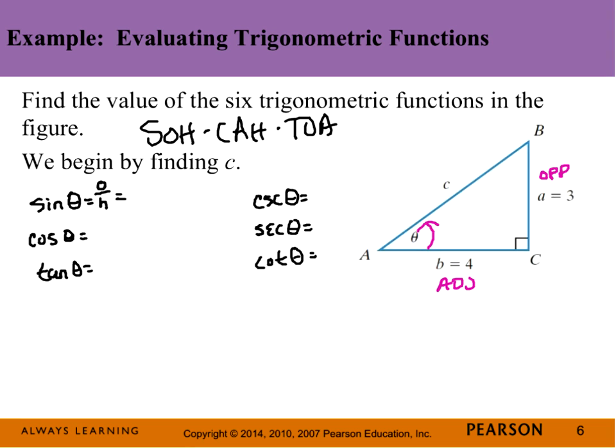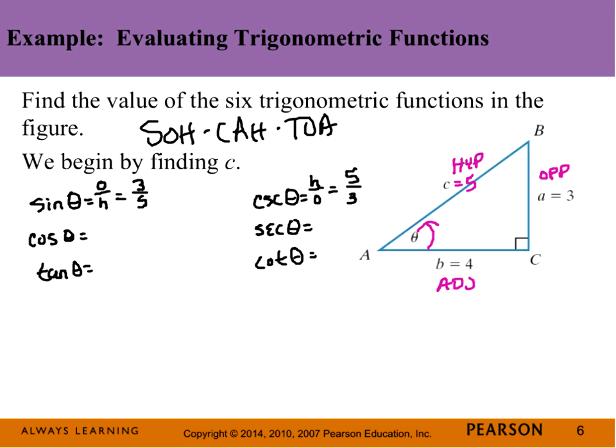This is my side that's adjacent theta. And then this is my hypotenuse, and we figured out that that's 5. So for sine, I have opposite over hypotenuse, which is 3 over 5. For cosecant, I have the inverse, which is hypotenuse over opposite, or 5/3.